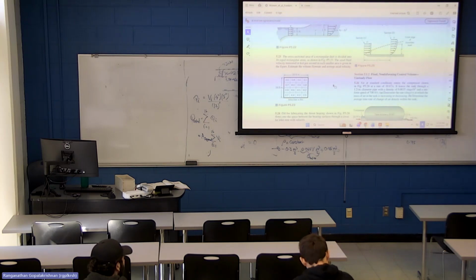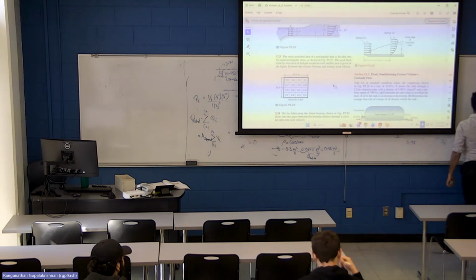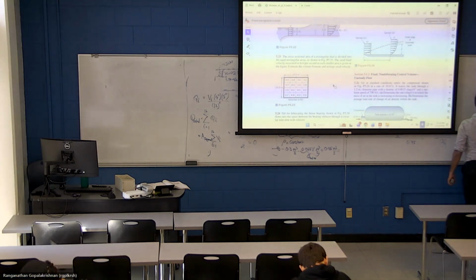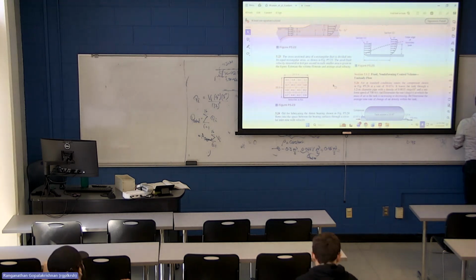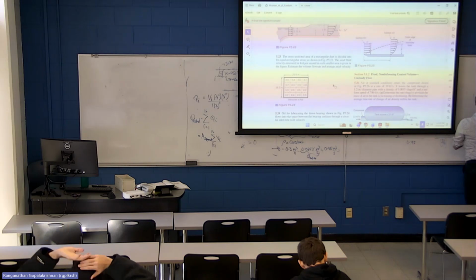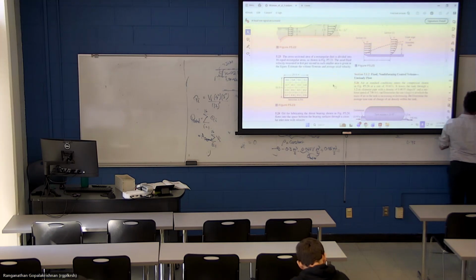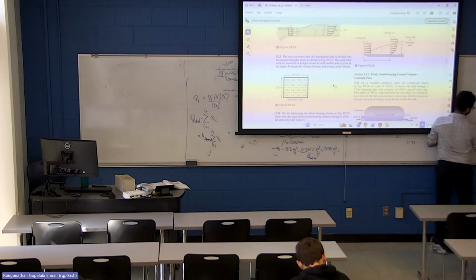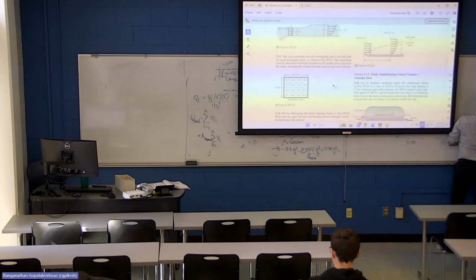So V average would be area segment divided by area total times sum of all the velocities in each segment. This is nothing but 16 times area of each segment, so average velocity is nothing but 1/16 of the sum of the individual velocities.